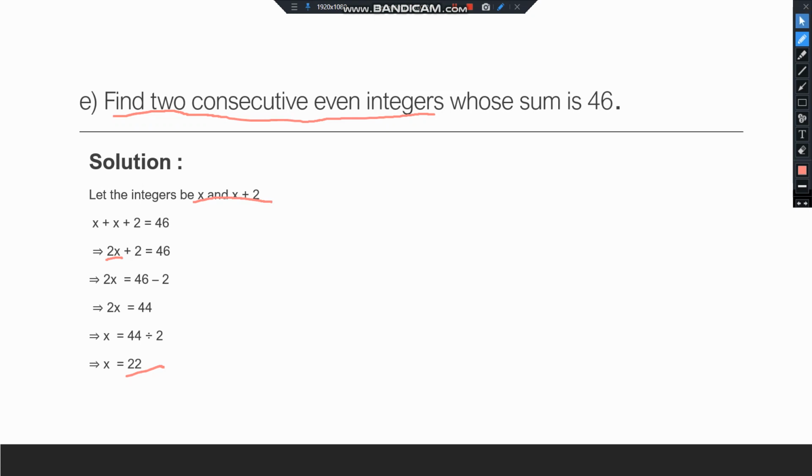So that is how you need to write the answer. You will write, so the numbers are x, that is 22, and x plus 2, that is 24. So either you place the value and show the calculation, or simply you can write, but you cannot leave your answer as x equal to 22.